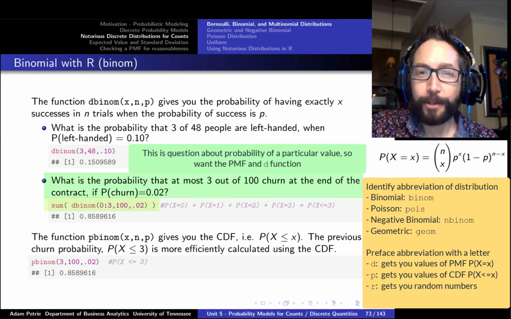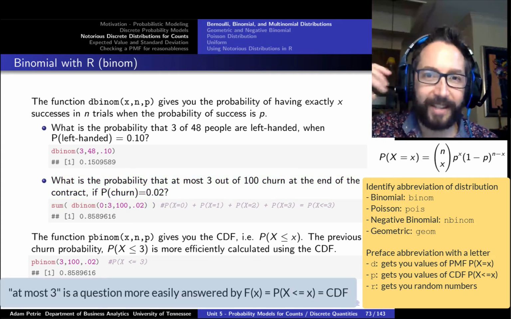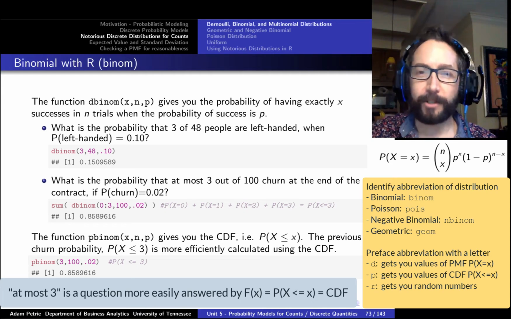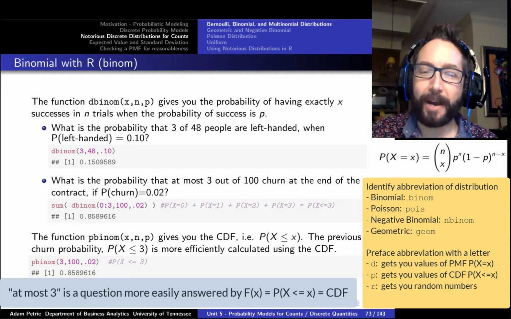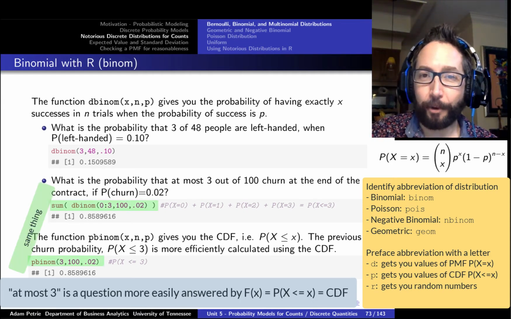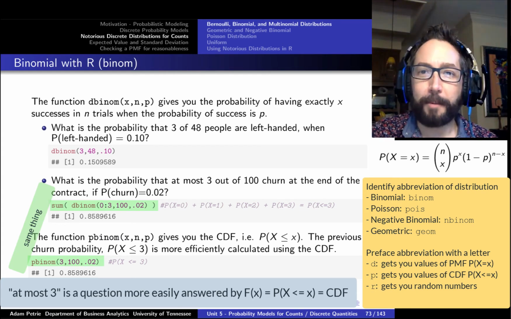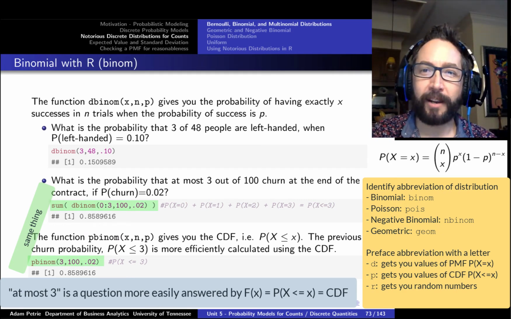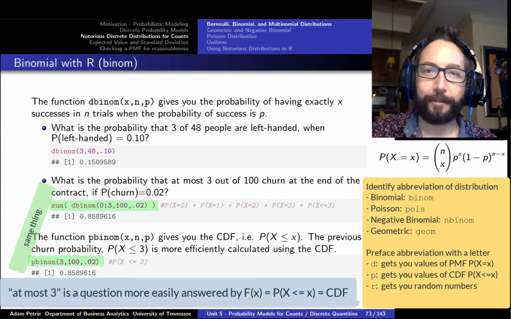But of course, at most 3 is kind of the cue in our head that says, hey, I should really be dealing with the CDF here, the probability of observing at most a certain value. If I preface binom by P in this case, and throw 3 in there, that'll let me know the probability of observing at most 3 churns out of 100 people, where the probability of churning is 2%. Come up with the same answer either way, so you can choose your favorite.